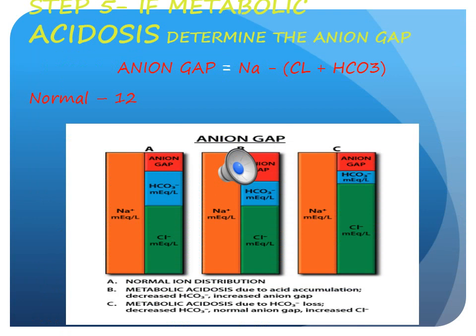Normal is 12. Why we calculate this is, we can have an increased anion gap metabolic acidosis or a normal anion gap metabolic acidosis. Both have significance in clinical scenarios.